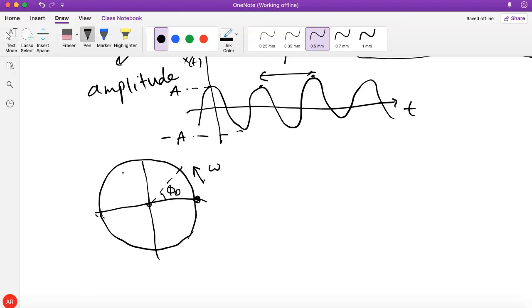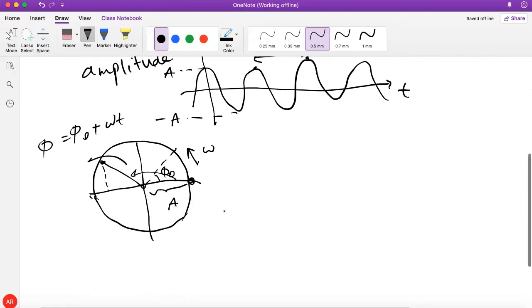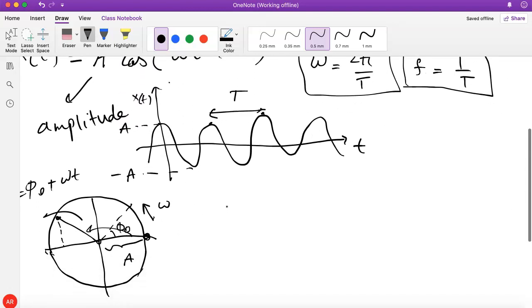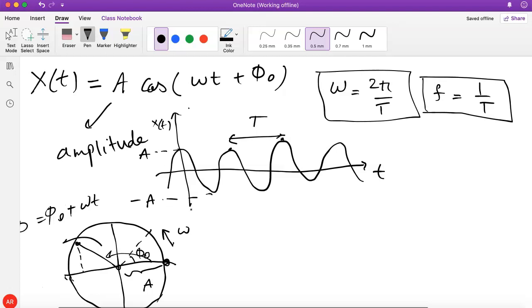Then this angle phi at some later time is just phi naught plus omega t. And now if the radius is A in this circle, the projection on the x-axis is our x of t. All right, so that's quite helpful in problem solving when we have this type of sinusoidal simple harmonic motion.